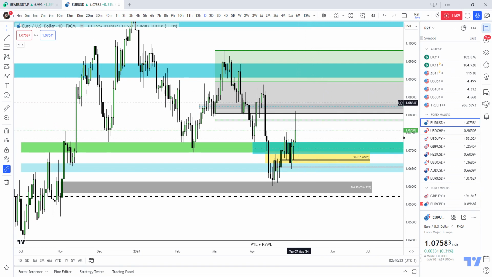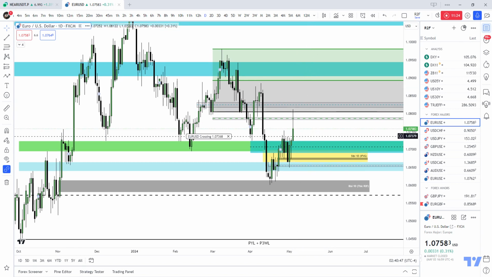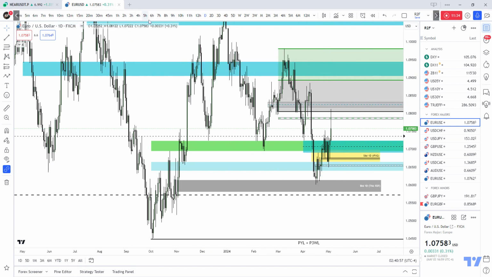So generally, I don't see a body close above this high. Okay, but a wick could go through. So if what I'm anticipating is happening and it happens during a time of CPI, PPI, then I would be waiting for the move to finish before getting into a trade.